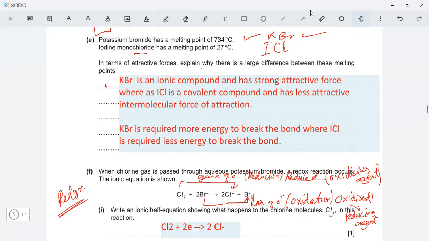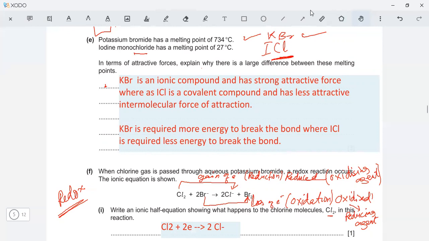Ionic bonds are really strong bonds, and there will be strong electrostatic forces of attraction present. Whereas iodine monochloride is a covalent compound, right? Iodine is a non-metal and chlorine is also a non-metal.